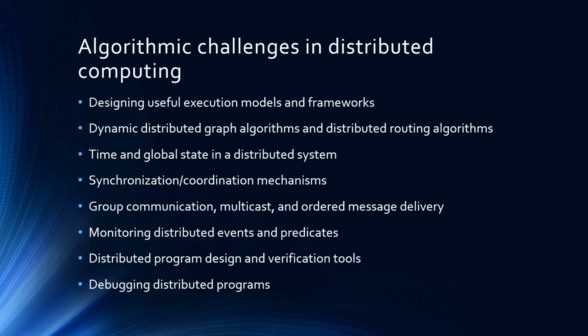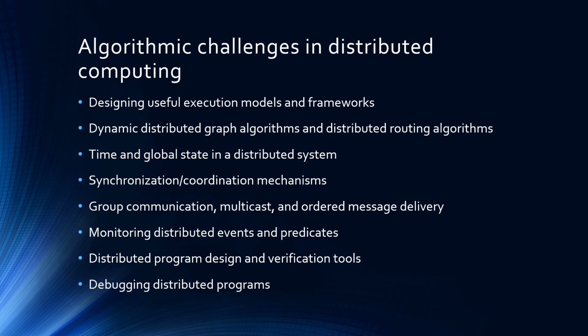Synchronization or coordination mechanism. Synchronization is essential for the distributed processes to facilitate concurrent execution without affecting other processes. The synchronization mechanism also involves resource management and concurrency management mechanisms. Okay, like physical clock synchronization, leader election, mutual exclusion, deadlock detection and resolution, termination detection, garbage collection, group communication, multicast, ordered message delivery.